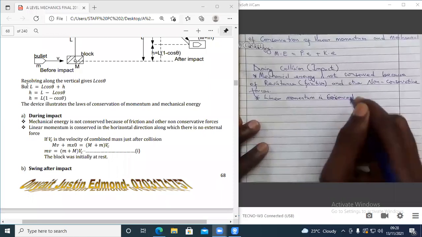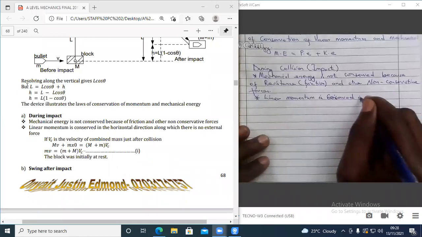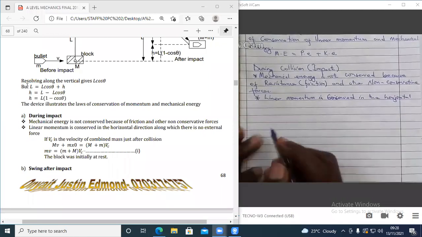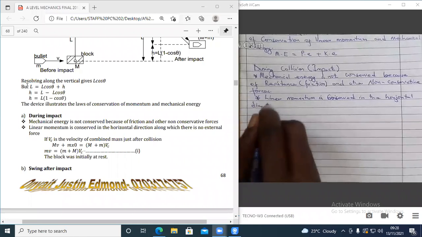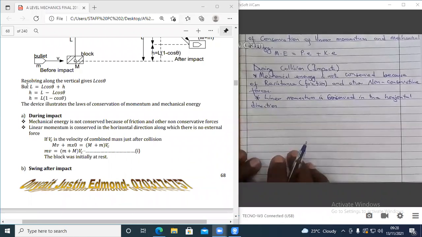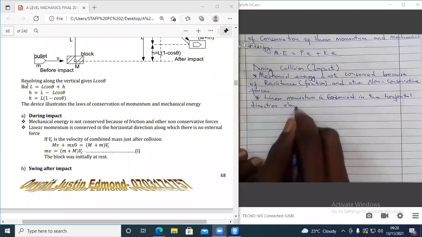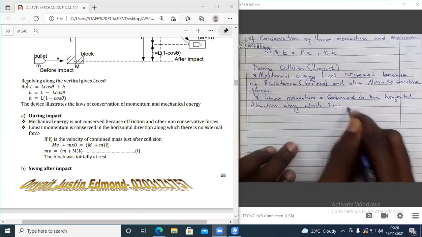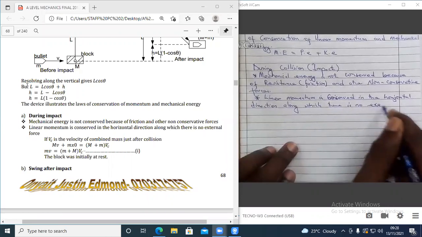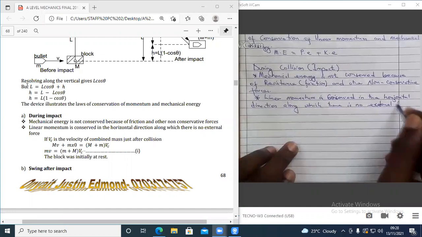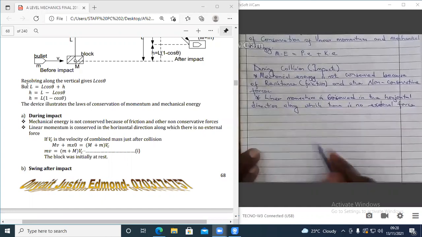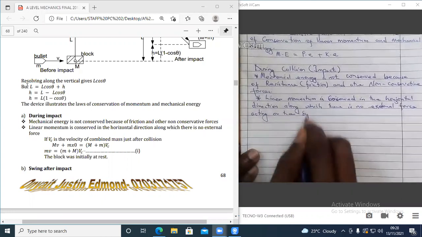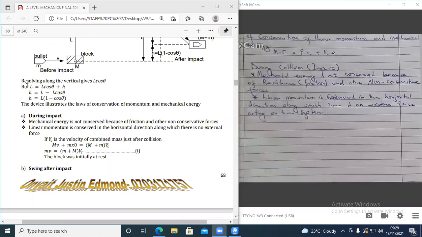Linear momentum is conserved in the horizontal direction, along which there is no external force acting on the system.